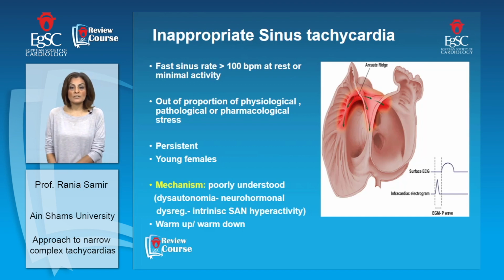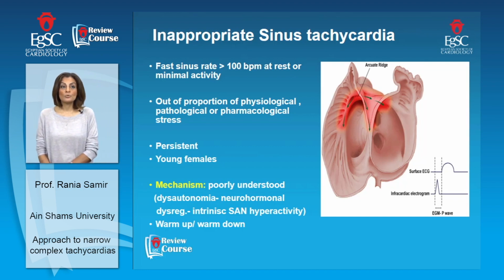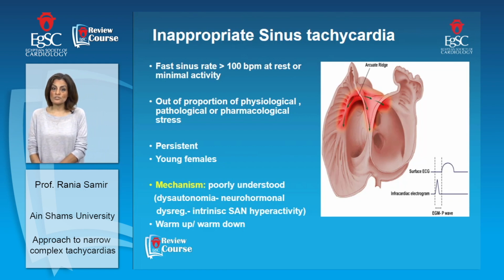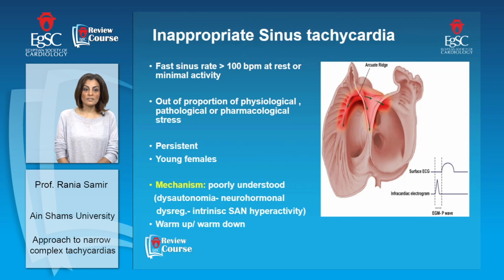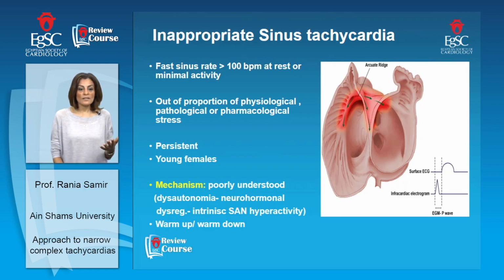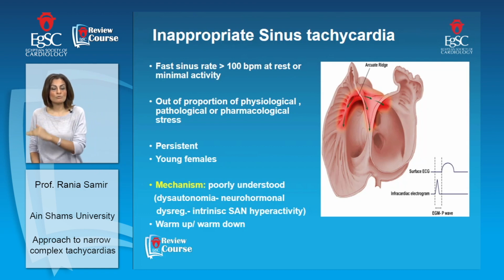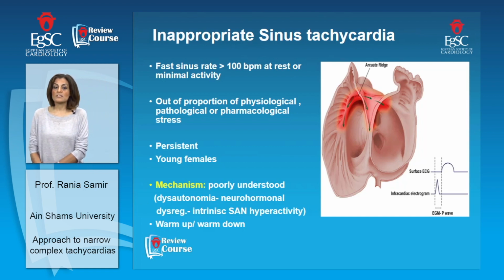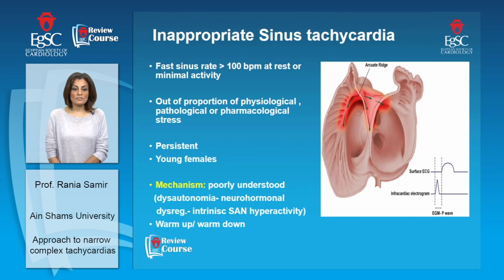And since the mechanism relies mainly on abnormal automaticity within the SA node, it has a characteristic feature: a warm-up and warm-down phenomenon. What does it mean? That this type of tachycardia has a gradual increase in the rate and a gradual drop in the rate, and the patient can specifically determine this property of the tachycardia if asked.